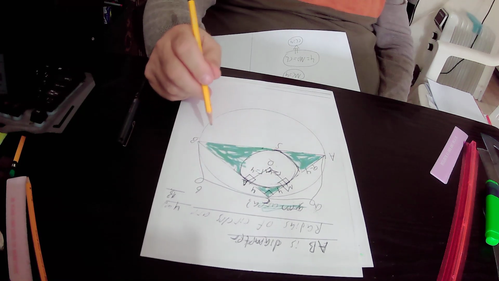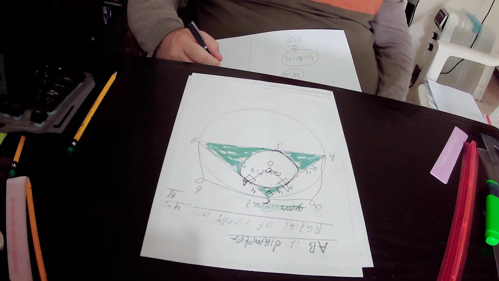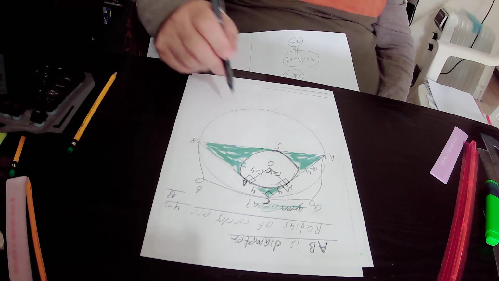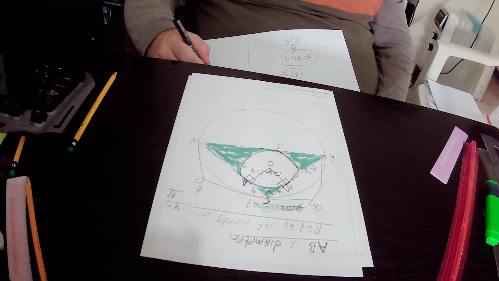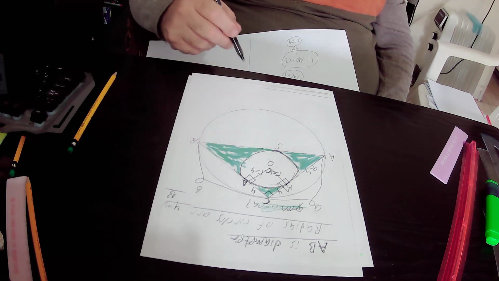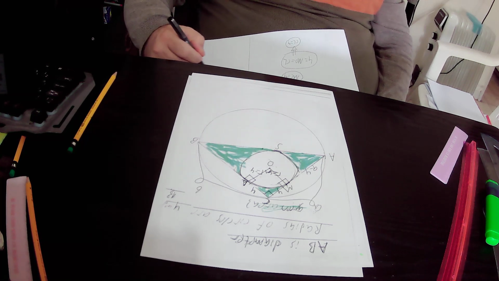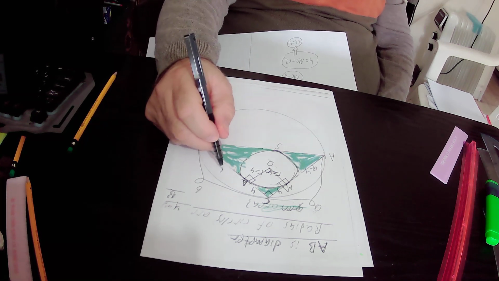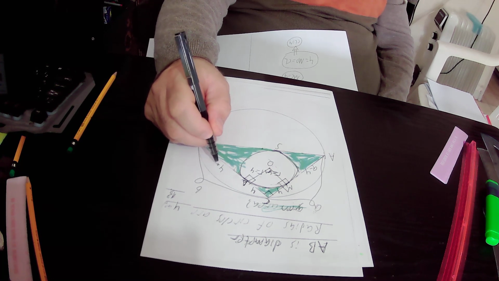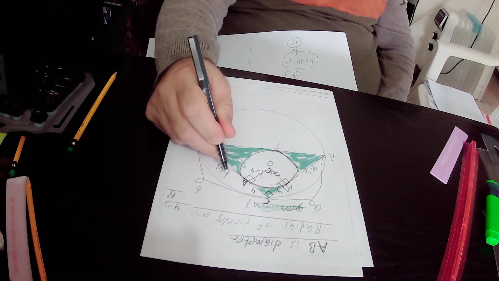So what will be the length of LB? From the drawing it is very easy to see that LB equals CB minus CL. So LB equals CB, that is B, minus CL, that is 4 units. So in conclusion, we found out that LB equals B minus 4 units.